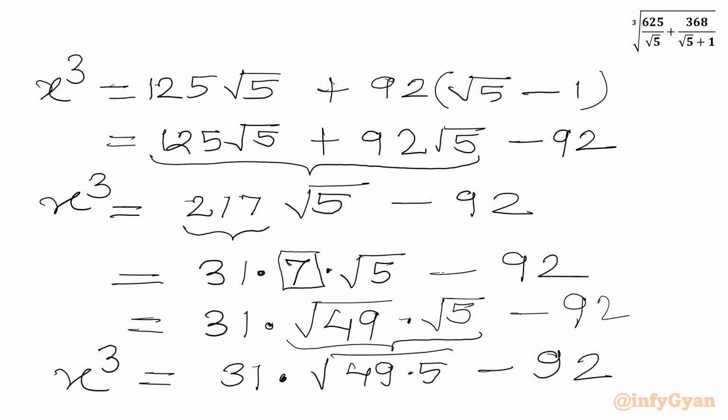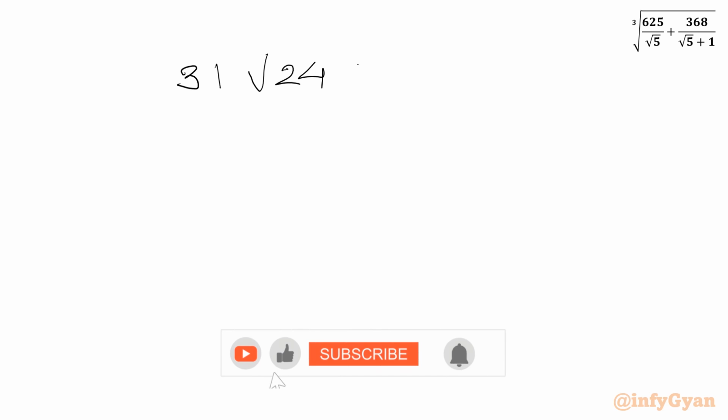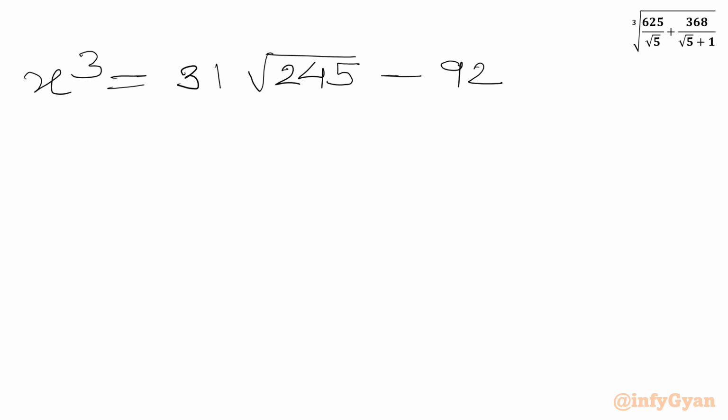LHS is x cube. So RHS will become 31 times square root 245 minus 92. This is equal to x cube.